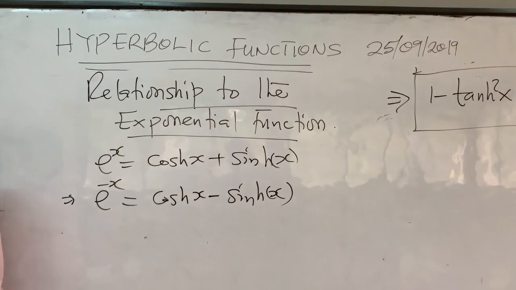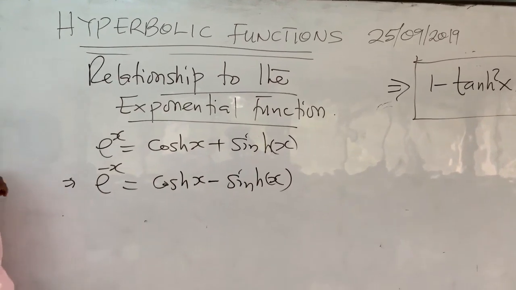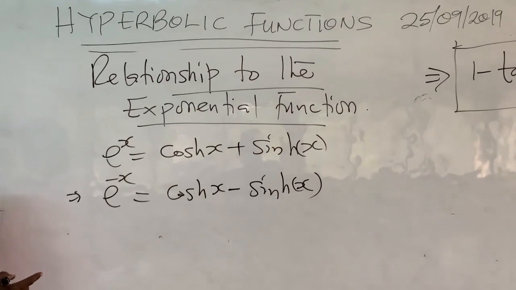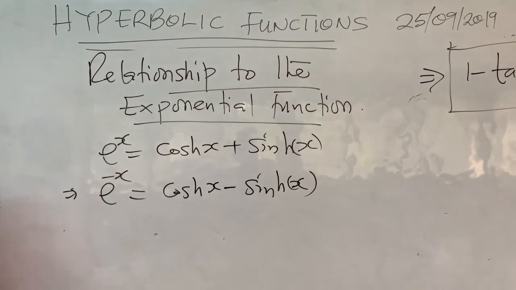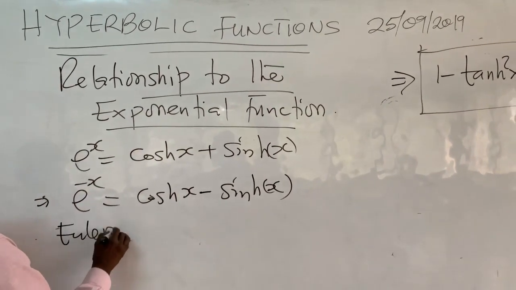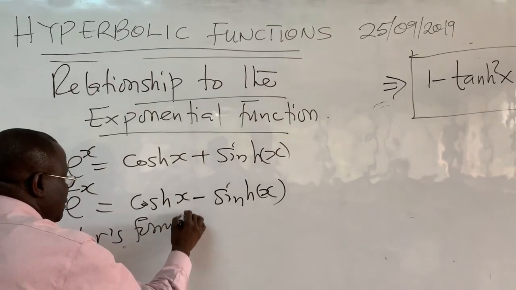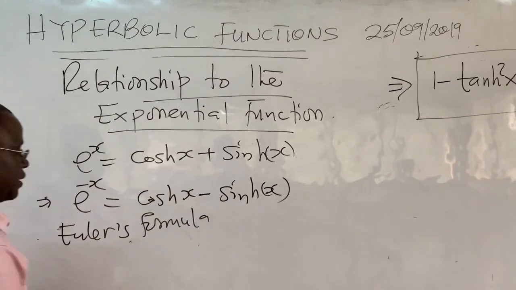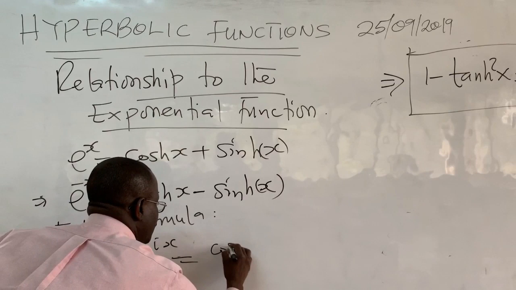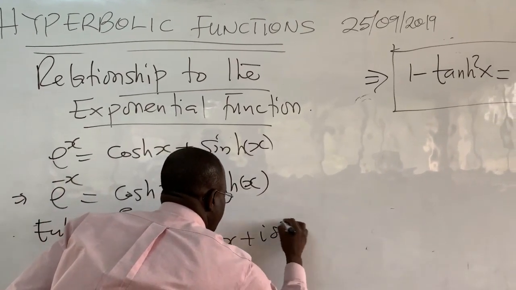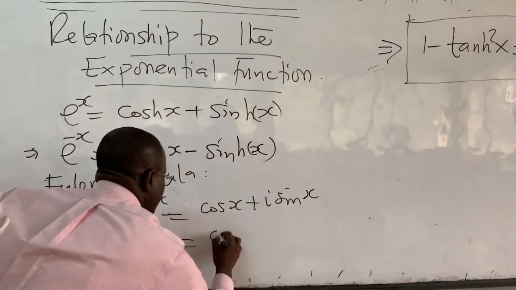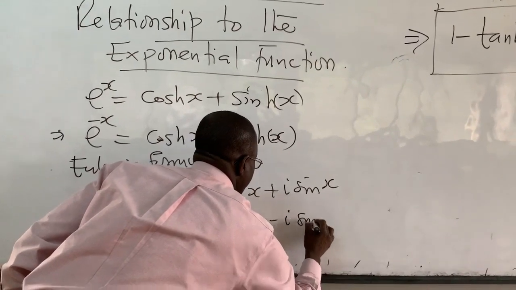Okay. Now you can further go ahead to show that the hyperbolic functions are related to the trigonometric functions, which is easy to see. Now you see that these guys resemble Euler's formula from complex numbers. e to the ix is equal to cosine of x plus i sine x, and then of course you can write e to the minus ix as cos x minus i sine x.